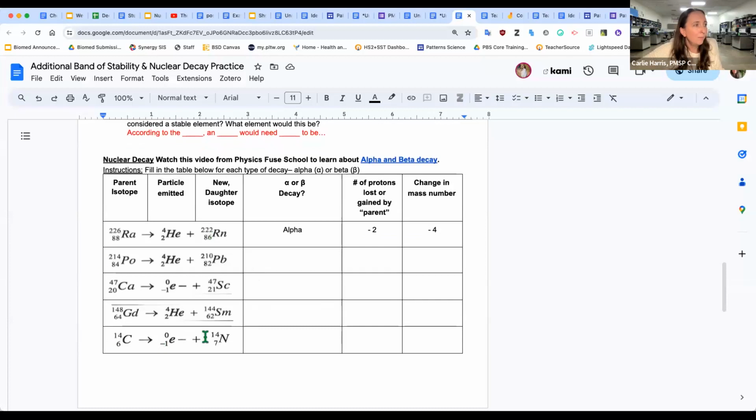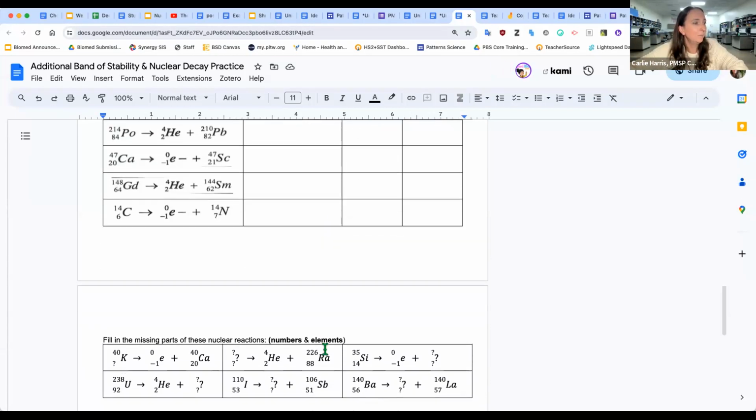These probably look familiar to you. A lot of this is identifying patterns. That's why I like that sort, because it gets our brain thinking, right? As soon as we see this helium, right away, we have an idea of what type of decay that is, right? Students can recognize this, right? And when they see the other notation, that should just be a clue, and they can identify the type of nuclear decay.